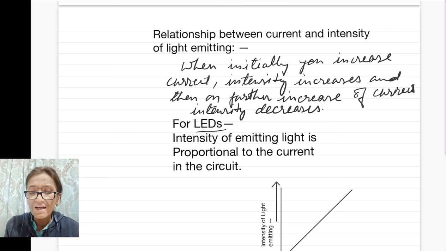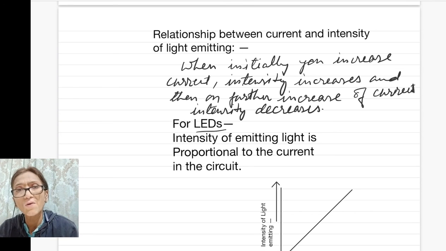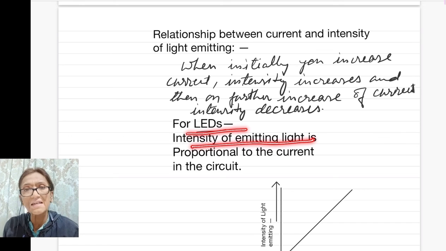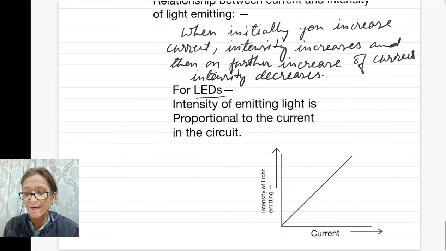So LEDs are formed in a particular way so that intensity is maximum and does not decrease. So in an LED, the intensity of emitted light is proportional to the current in the circuit.